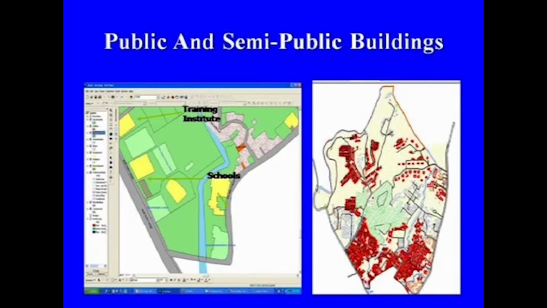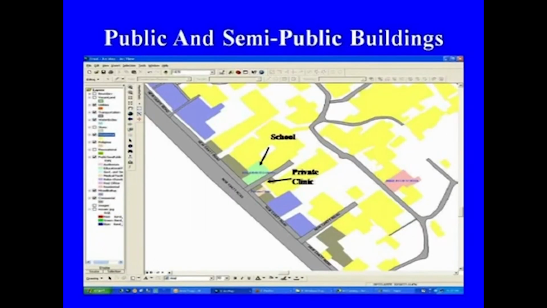Here the locations of schools and training institutes have been identified in the database which has been created. Similarly, the locations of private clinics of doctors have also been highlighted under public and semi public buildings.